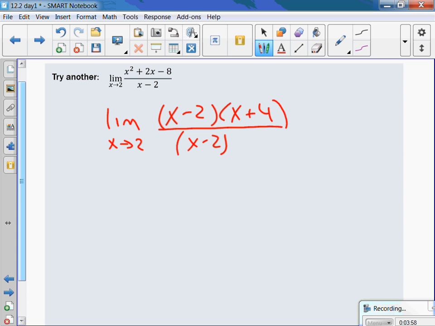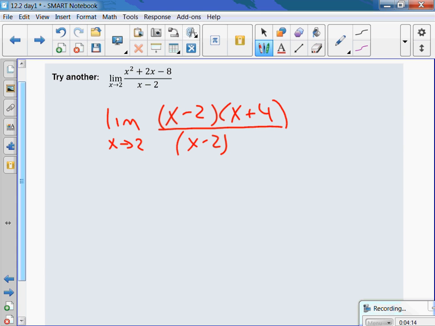Perhaps one of those factors is going to be in my other one. So, like in this case here, if for some reason you're struggling with factoring out that numerator, it's a good chance that one of those factors would have been x minus 2, right?